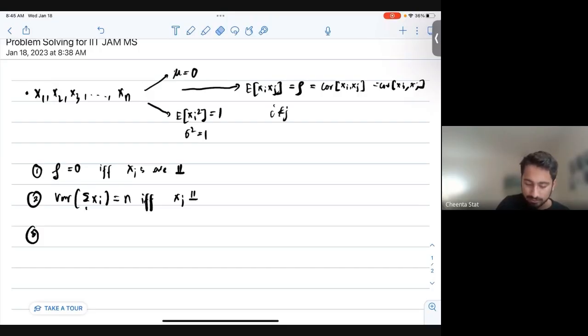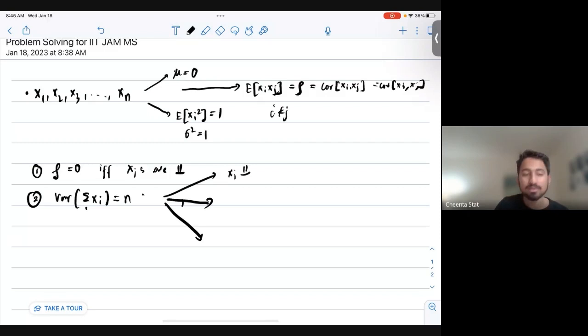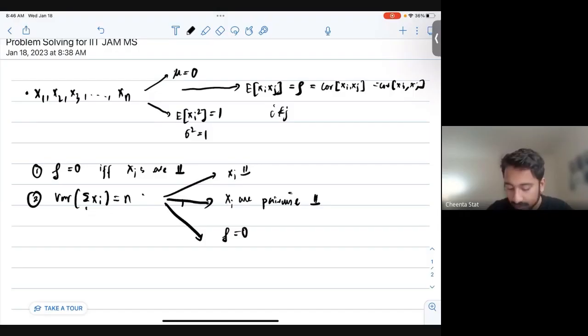And the other options are like this: variance of summation xi equal to n if and only if xi's are pairwise independent, and if and only if rho is equal to 0. So there are 4 options with x1, x2, ..., xn random variables under this given condition and relationship. It's asking about whether rho equal to 0 if xi are independent or not, and the property of the variance of the summation being equal to n. So, did all of you understand the question?